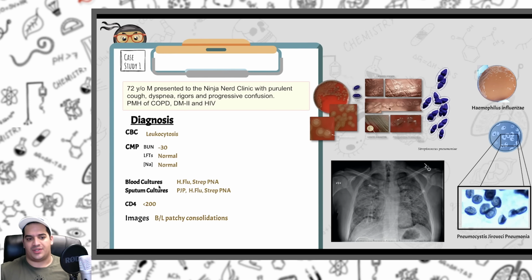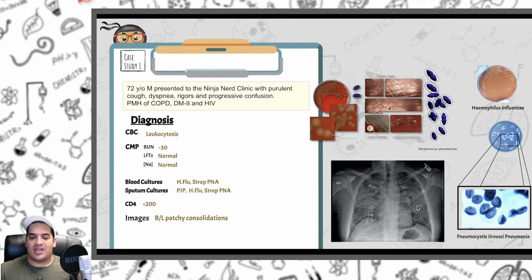Her blood cultures, when we tested her, and then she ended up going to the floor, somewhere in the hospital, actually came back positive for Haemophilus influenzae and Streptococcus pneumoniae, and her sputum cultures were positive for PJP, H. flu, and Streptococcus pneumoniae. Her CD4 count, because she is HIV positive, we wanted to check, is less than 200, and her chest x-ray shows bilateral patchy consolidations.